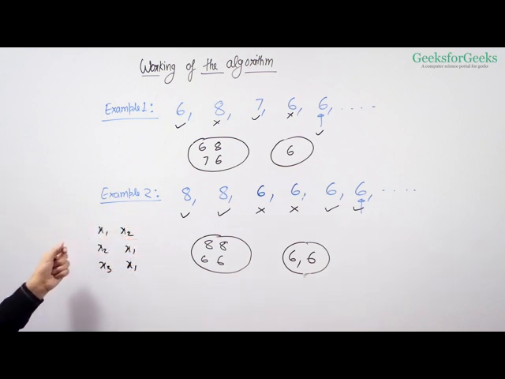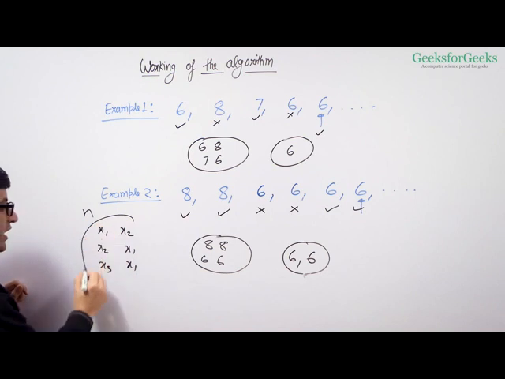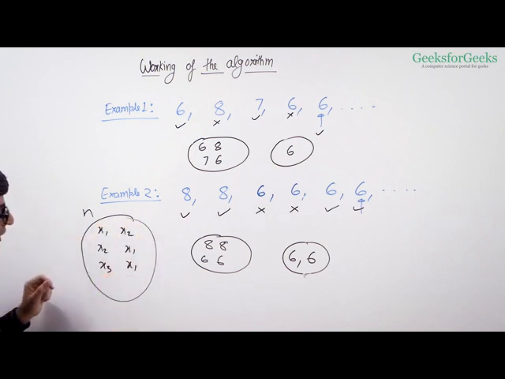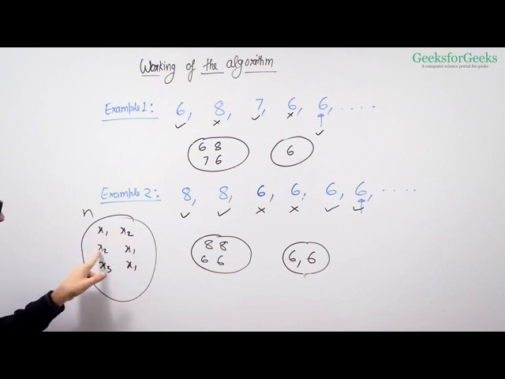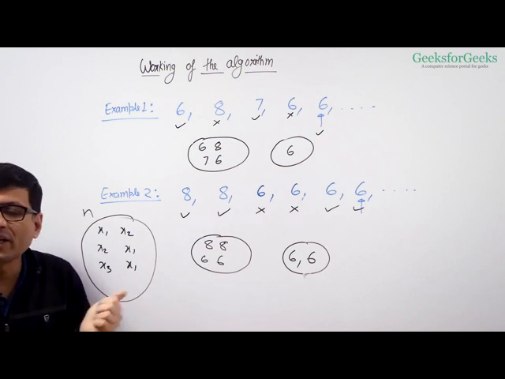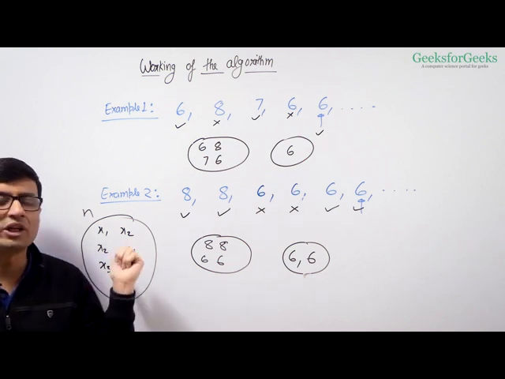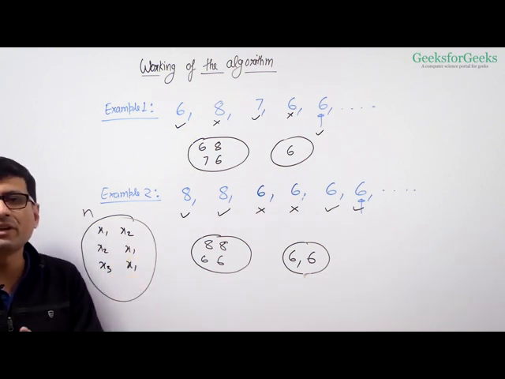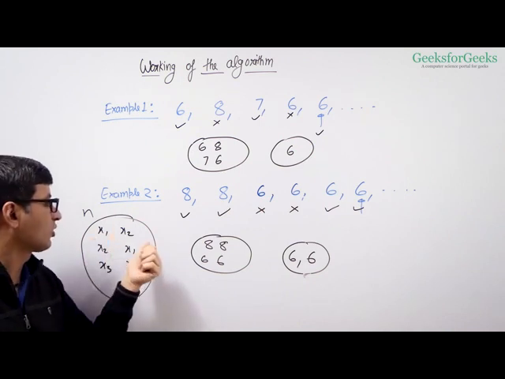So if you have n elements divided like this into pairs, and every pair has different elements, this x1 is different from x2, this x2 is different from x1, x3 is different from x1, then no element can appear more than n by 2 times in this set, right? Because every element either appears on the left side or on the right side.